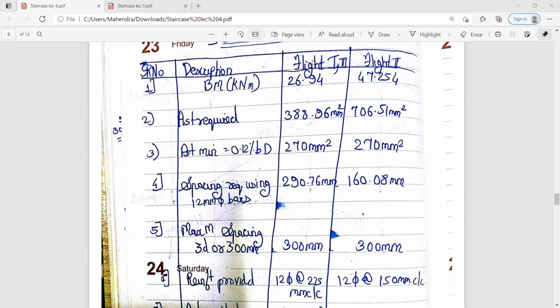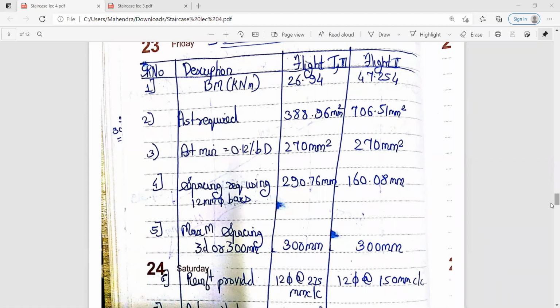So after doing the calculations, Ast required you are going to get 388.96 for flight 1 and 3, and for flight 2, 706.51. Then Ast minimum के लिए you are having the formula 0.12% of b into D. So b you are going to take as 1000 and capital D 25.